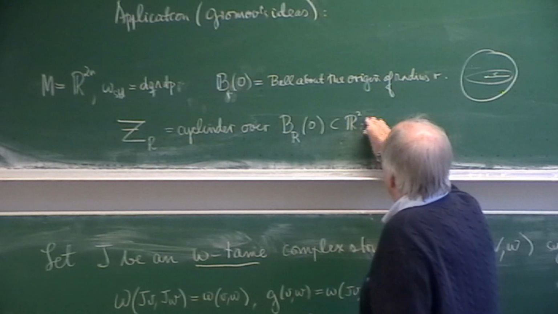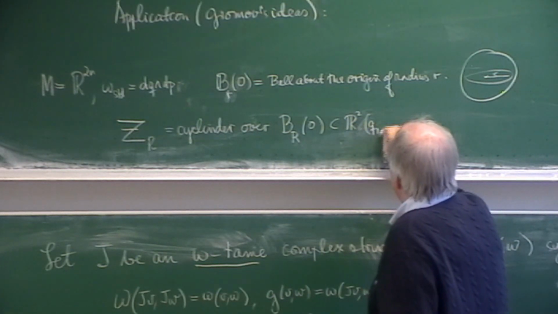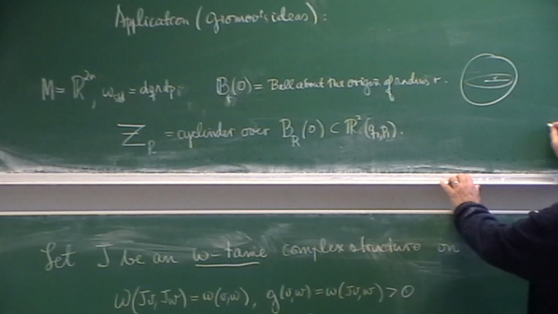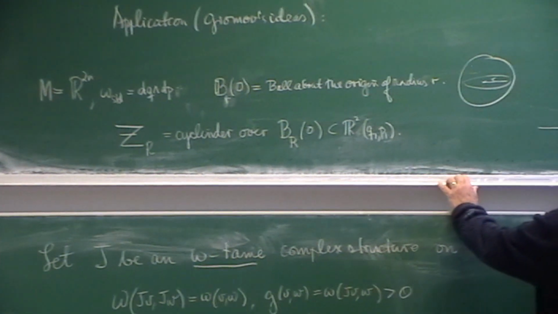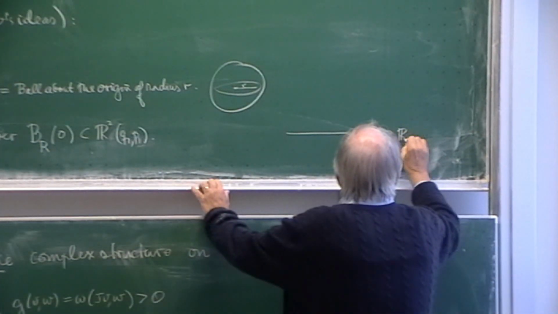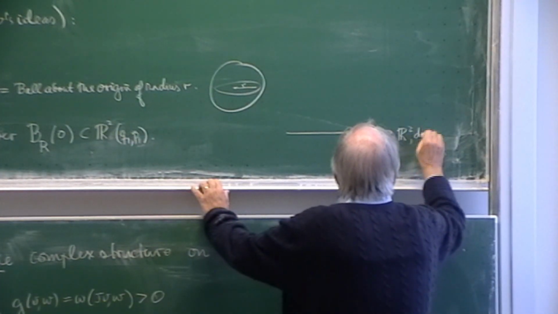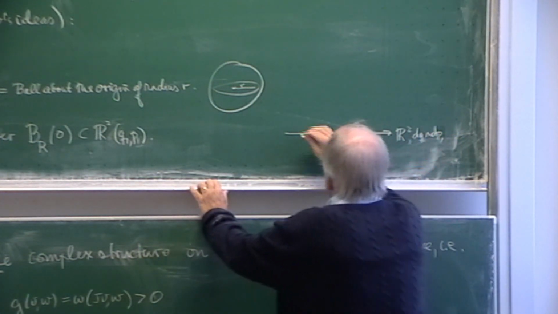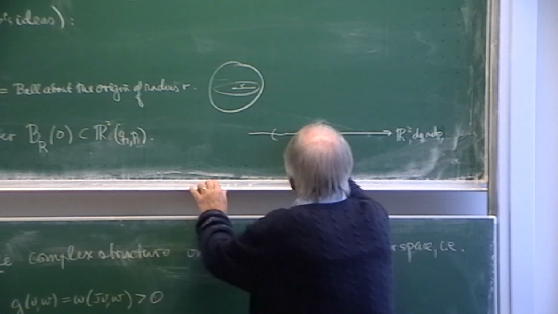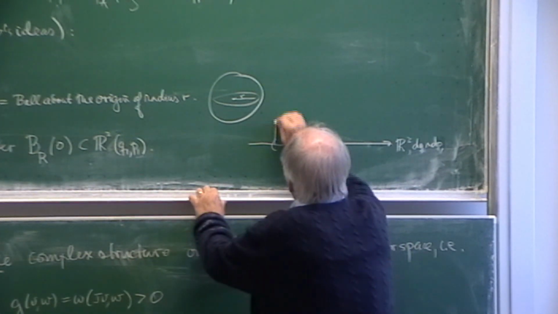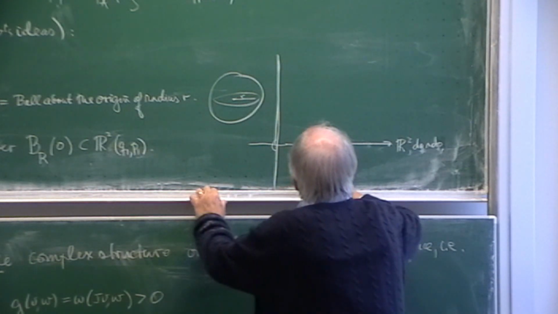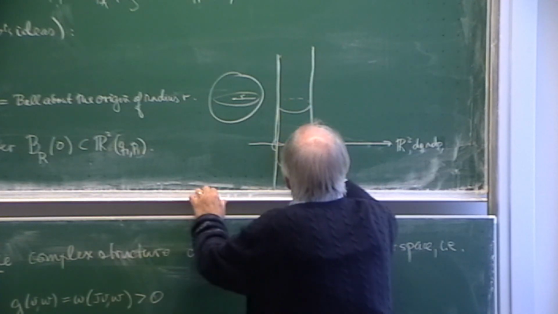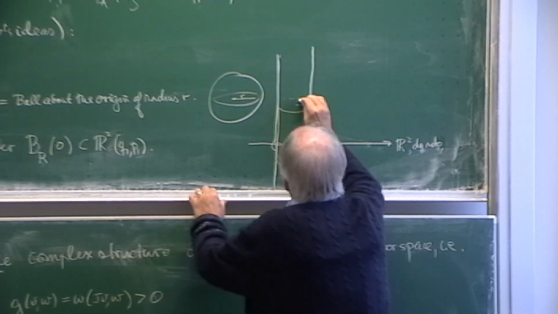And this is the R2, for example, of the first variables here. So I hope you understand this. You have here R2n with the symplectic structure dq1, dp1. This axis here is 0. Here is this ball, and here we have the cylinder over it. And here the radius of the cylinder is bigger.